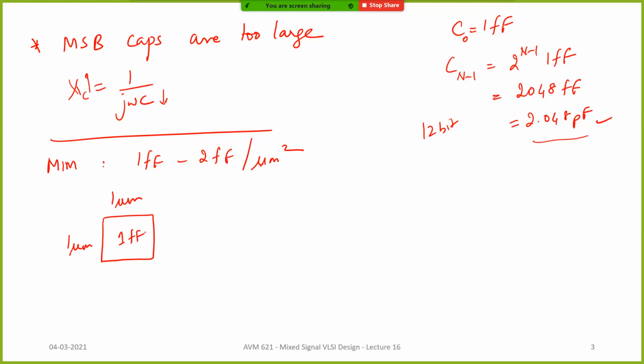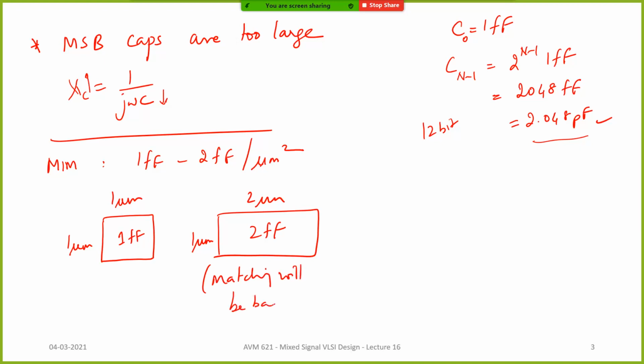So you'll have 1 femtofarad, then you'll have 2 femtofarad, and in the last class I mentioned that you should not put one 2 cross 1. This will be 2 femtofarad, but then your matching will be bad. So what should be done? I mentioned this in the last class. How should you implement 2 femtofarad?